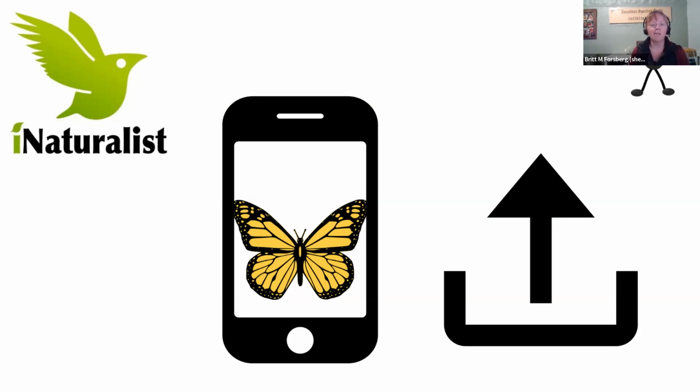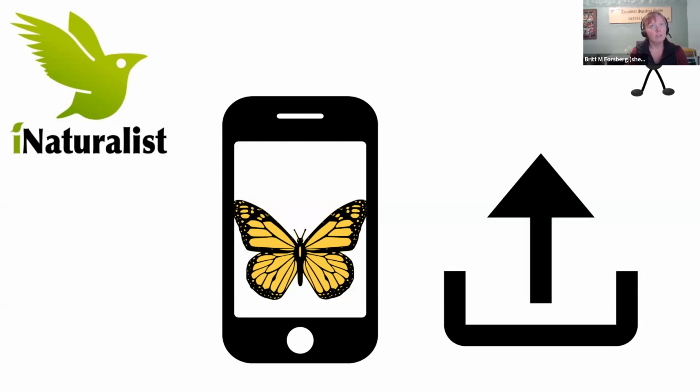Other users will come along, they'll start refining that identification. If you are wrong, then they can add their identification. And if a couple people agree and you're the one outlier, iNaturalist calls them mavericks, it'll take the most popular identification. Just because you were the first person to upload it doesn't mean that it trusts you more than it trusts anybody else.